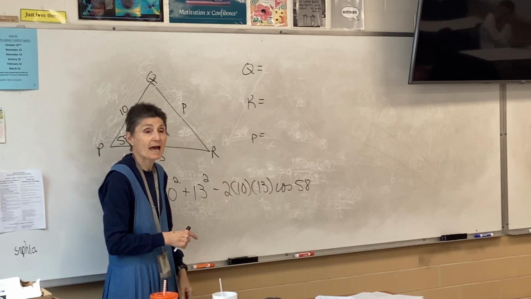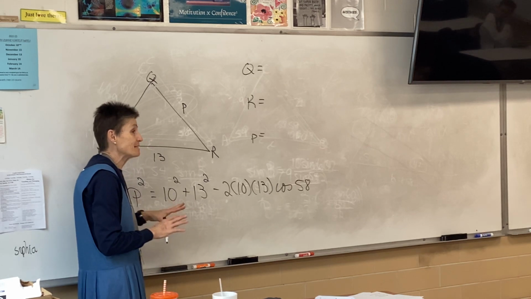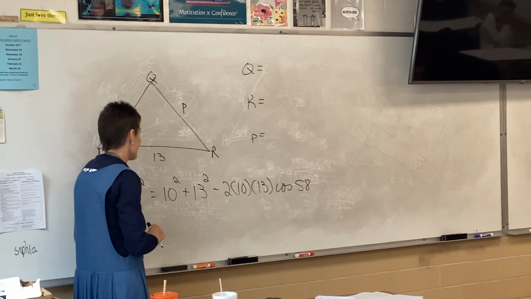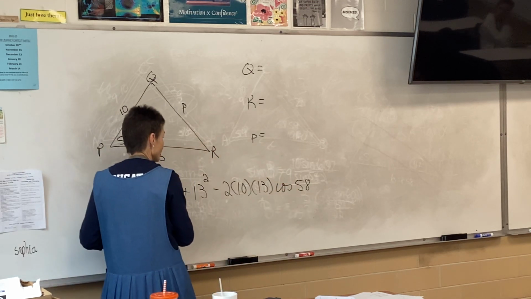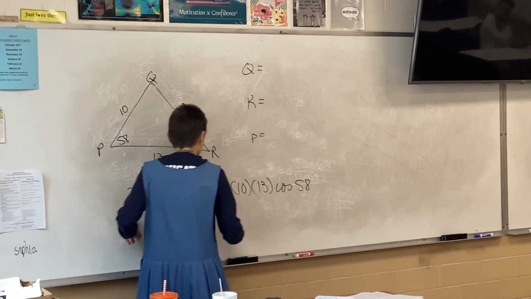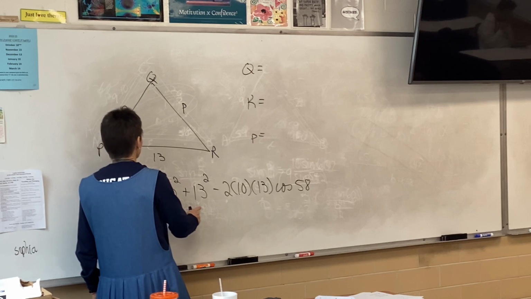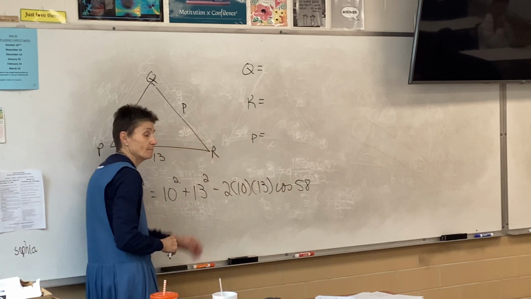That's it, kids. It's that easy. We're going to practice some more. But that's basically it for the law of cosines. So we've got our P's bookending the problem, P squared and cosine P, and then we have our other two sides: R squared plus Q squared minus 2 times R times Q times cosine.